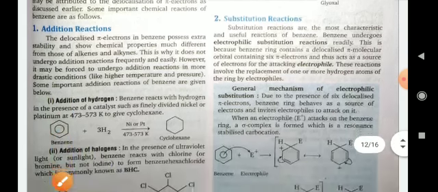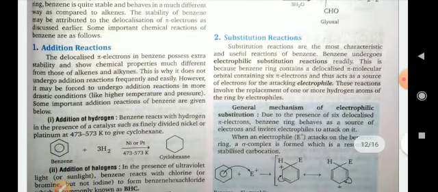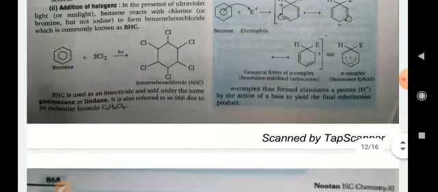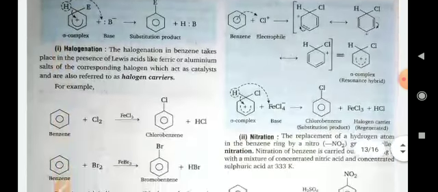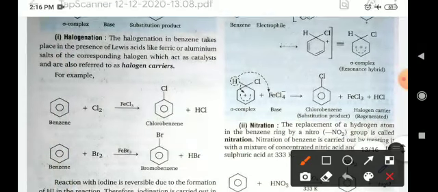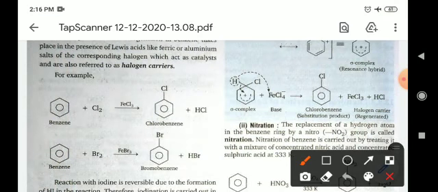Now come to the substitution reaction. Substitution means one group will be replaced by another group. Okay. So firstly, halogenation. What is halogenation? It means reaction with halogen. As we know, in benzene there is hydrogen present.